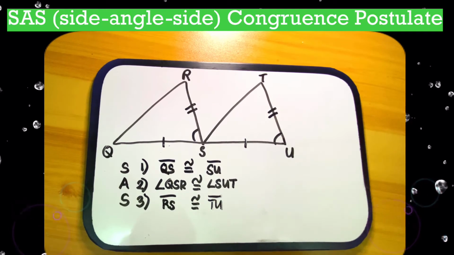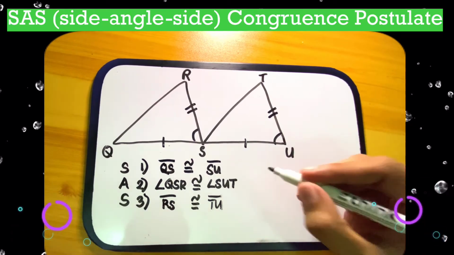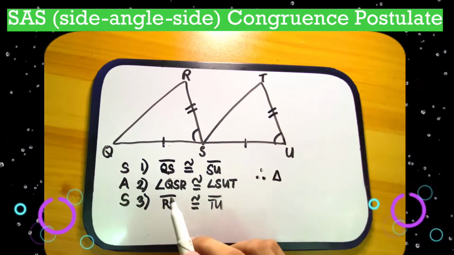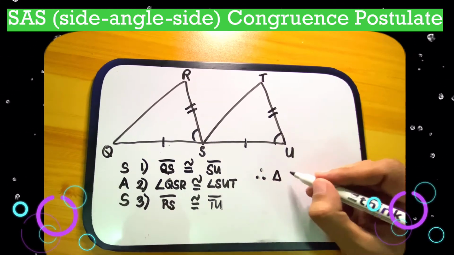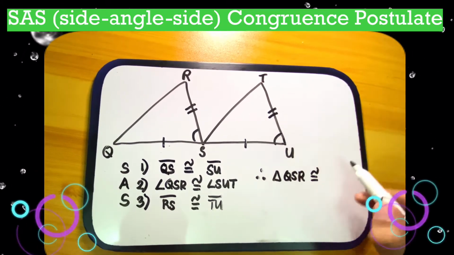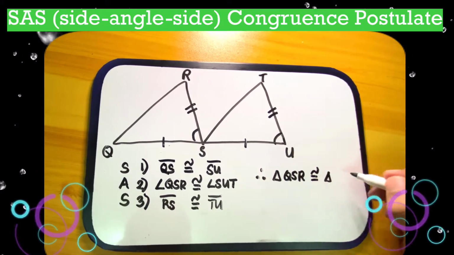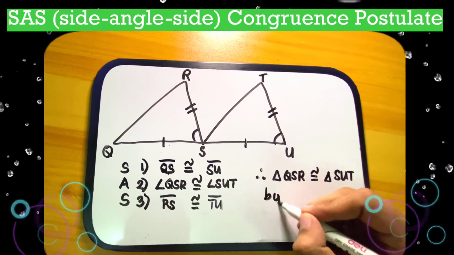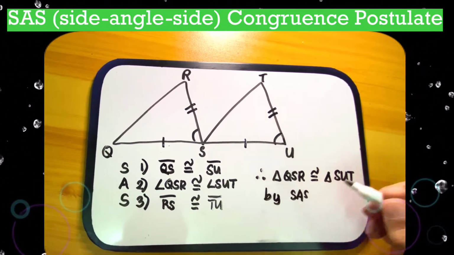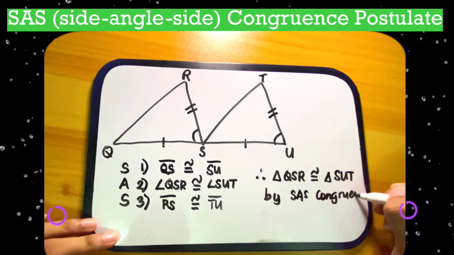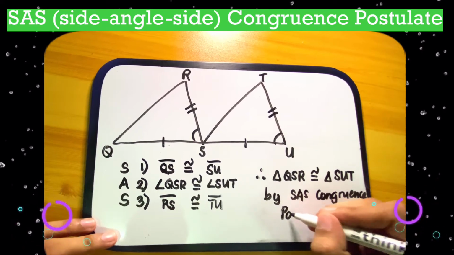So we have already side, angle, side. We can copy this one: triangle QSR is congruent to triangle SUT by SAS congruence postulate.